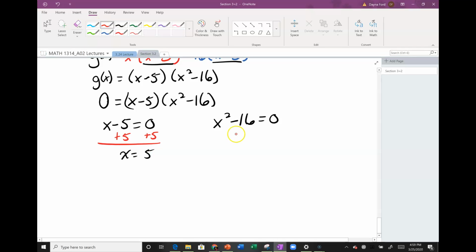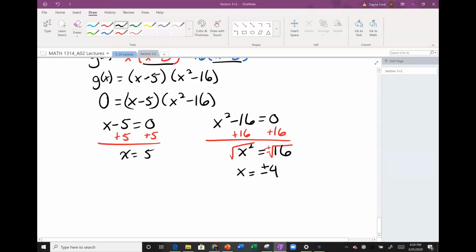Now on the second one, the first thing I'm going to do is add 16 to both sides, which will give me x squared is equal to a positive 16. Now be careful on this one. I want to take the square root of both sides, and whenever I do that, I have to get a positive and a negative. So I actually get that x is equal to a positive and -4.